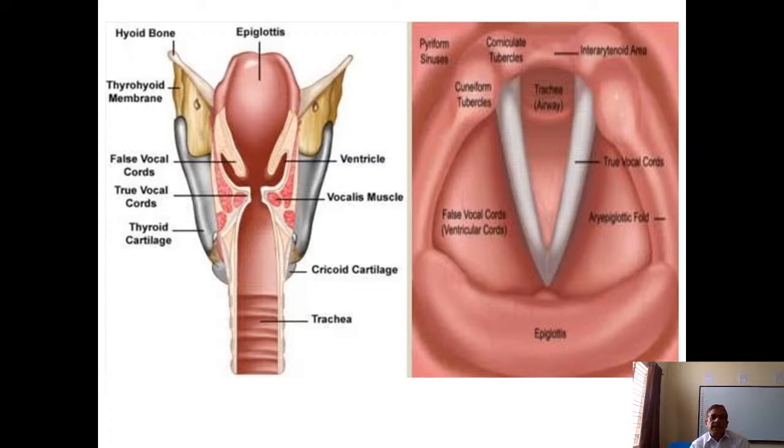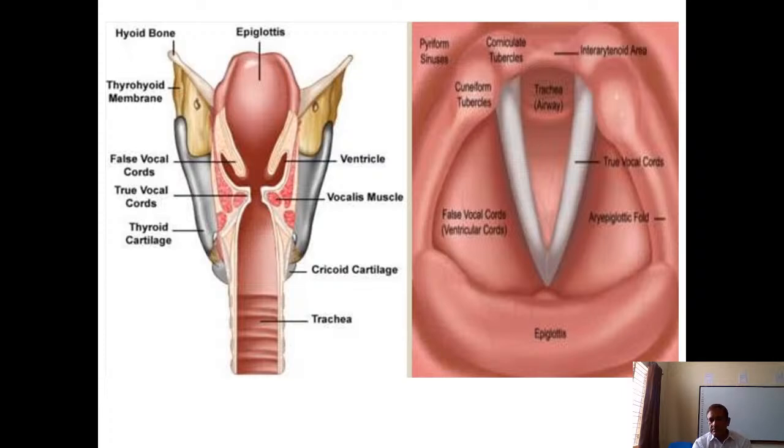The larynx is the gateway of entry for air into the lower respiratory tract. The main function of the larynx is the protection of the lower airway.